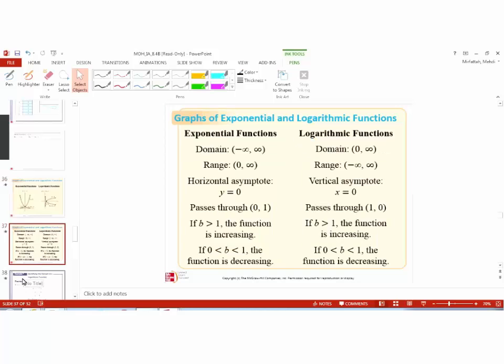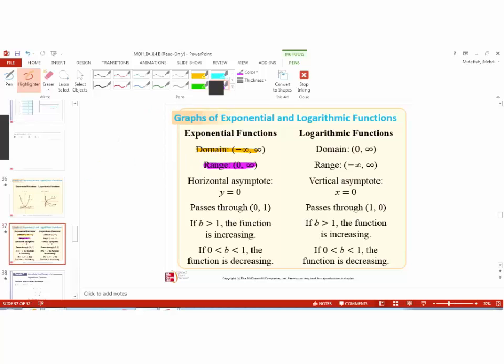looking at some numbers. And the domain and range of these: the domain would be all the numbers from negative infinity to positive infinity for the exponential function, and the range is from 0 to infinity.